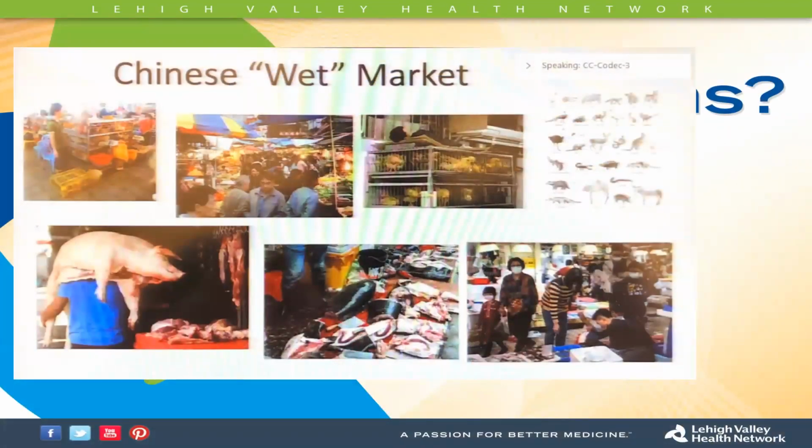The human beings have lots of contact with these animals, and they even sleep with them. So the Chinese wet market really took the brunt of being the major transmitter of COVID-19.